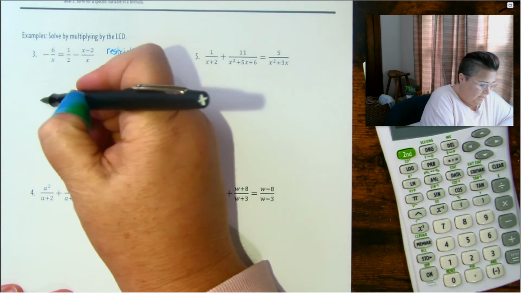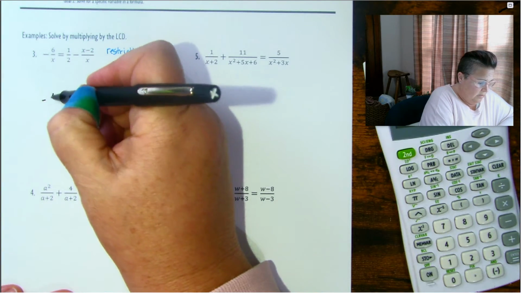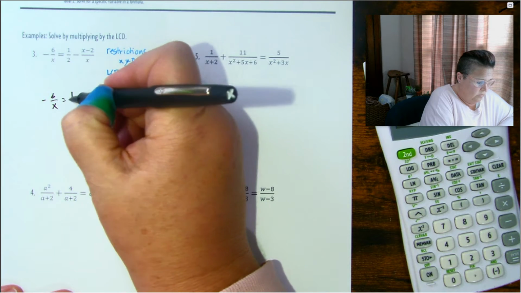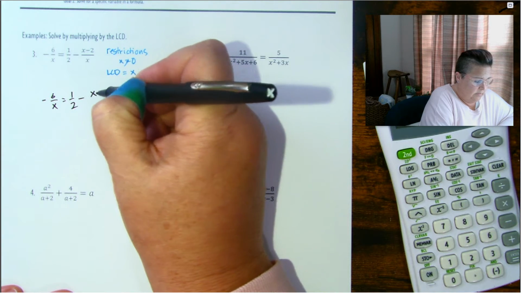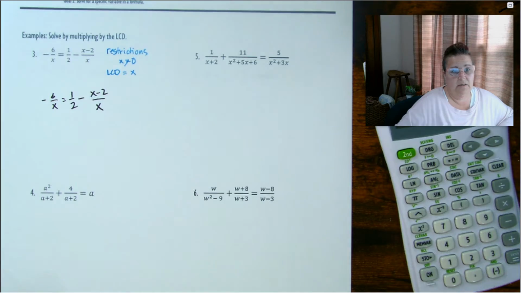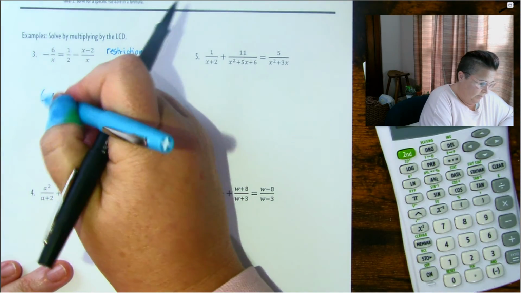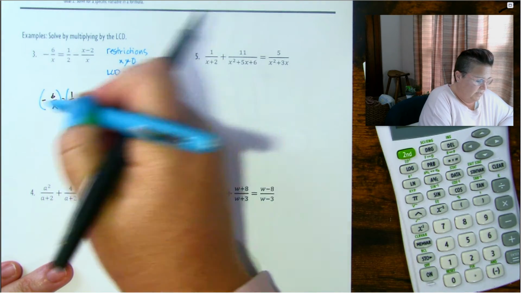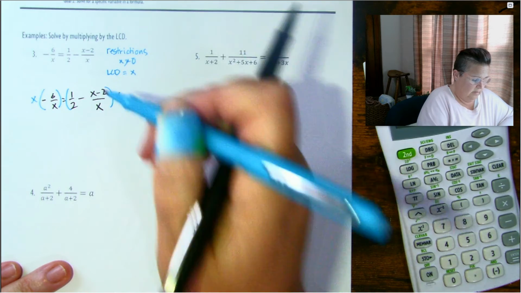All right, so we're going to have negative 6 over x is equal to 1/2 minus x minus 2 over x. And I am going to multiply both sides by that common denominator of x.